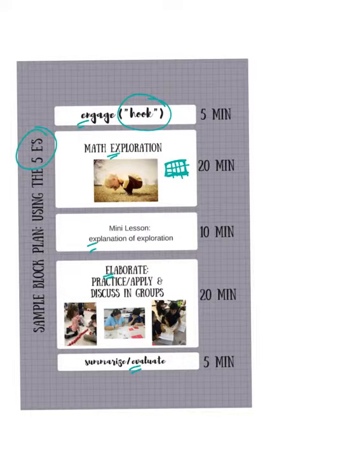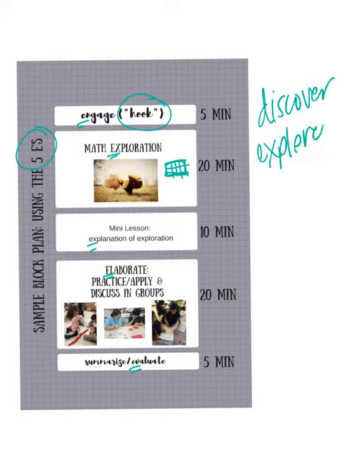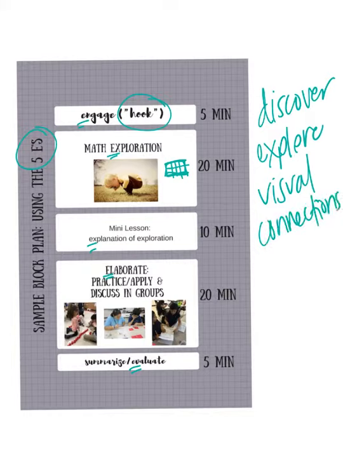And what does that look like visually? So you're really having students discover. You're having them explore. You're doing something that makes math visual. And you're also having them make some connections between what they know. Okay, so all of that's happening in exploration.